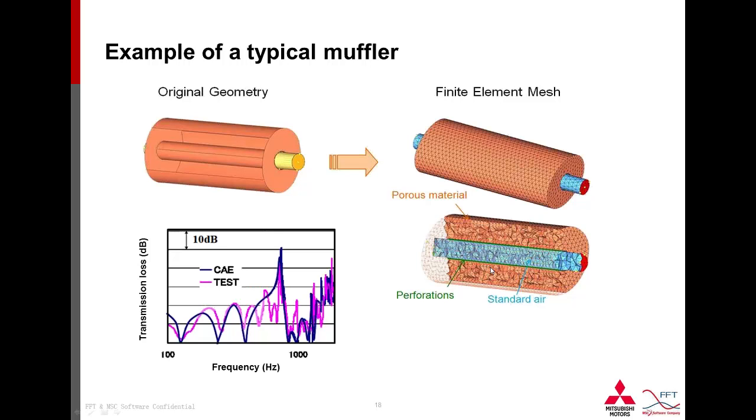Okay, and we calculate the sound transmission loss through this muffler and compare with the measurement, and we see that very good correlation was obtained between test and simulation. And typically at lower frequencies, we see this periodic behavior. This means that we are in the plane wave region. So the acoustic wave propagation is in the form of plane waves.